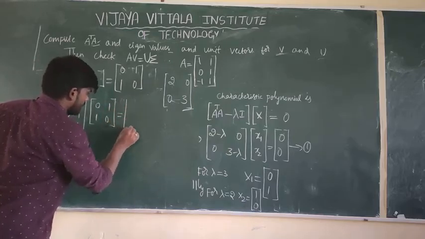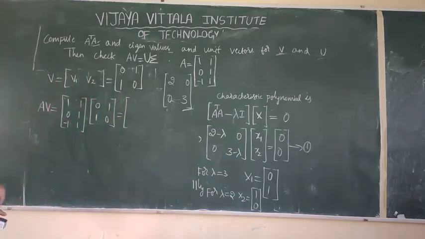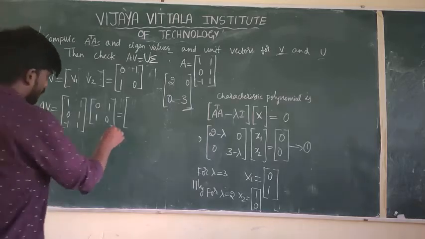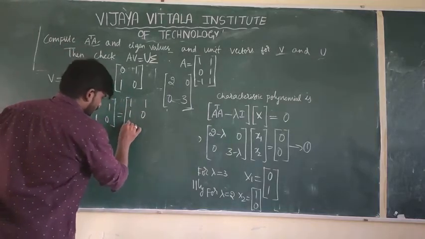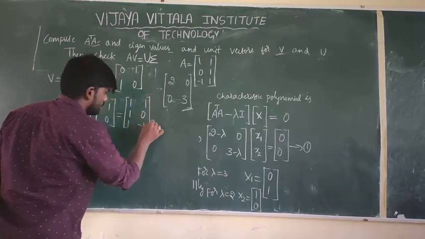After multiplying these two matrices, we get 1, 1, 0, 1, minus 1. This is equation number 2.